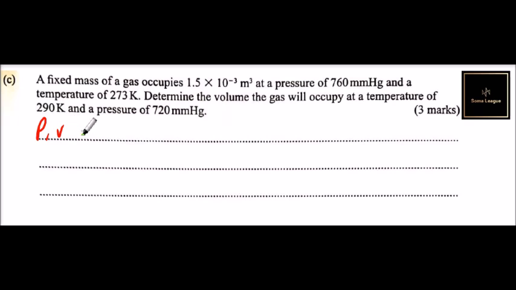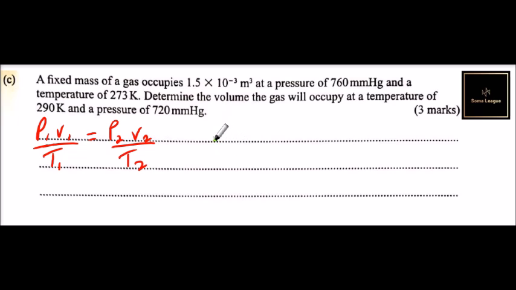So we know that the gas laws, Boyle's law and Charles' law, this is what we come up with when we are using the two gas laws: P1 V1 over T1 is equal to P2 V2 over T2.